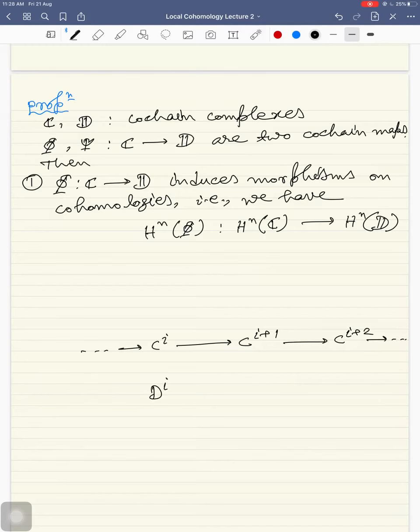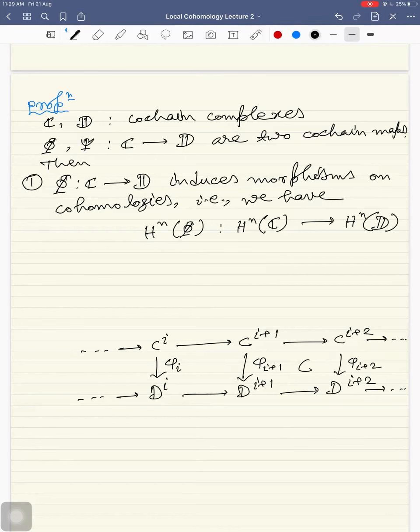And here you have Di goes to Di plus 1, Di plus 2, and so on. It is a cochain map, that means on each level you have a map, let's say this is phi i, this is phi i plus 1, this is phi i plus 2, such that this diagram is commutative.